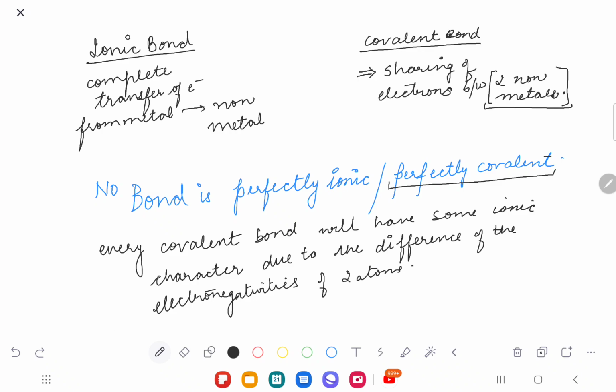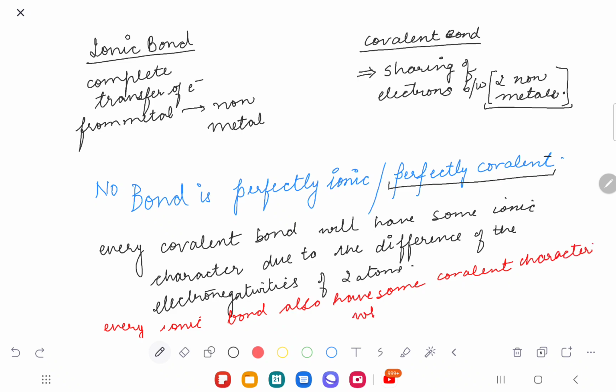But every ionic bond also has some covalent property. There is a rule behind that. So we'll decide today. Every ionic bond will have some covalent character, which is determined by Fajan's rule.